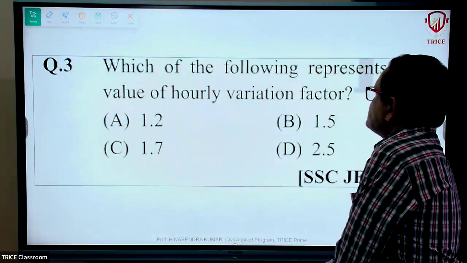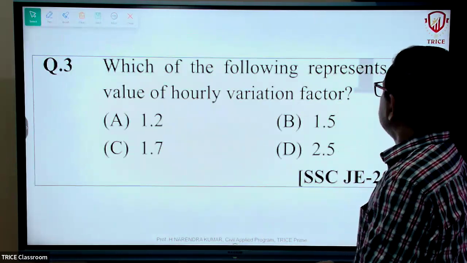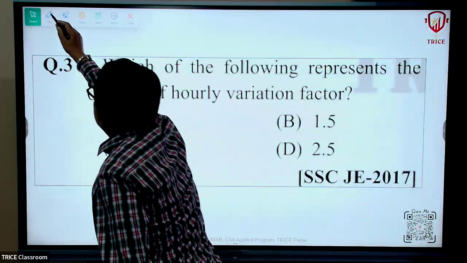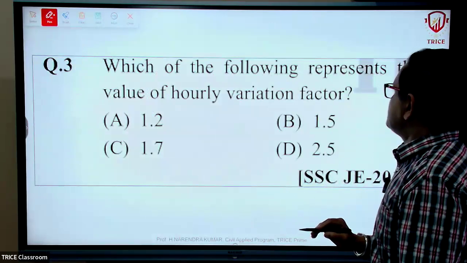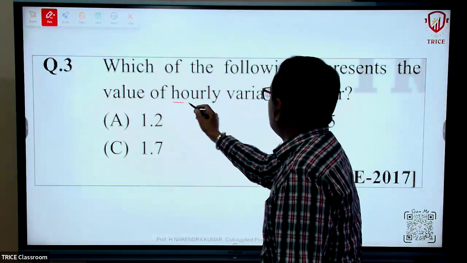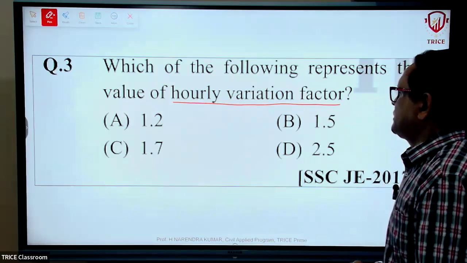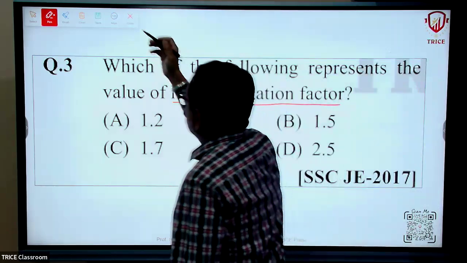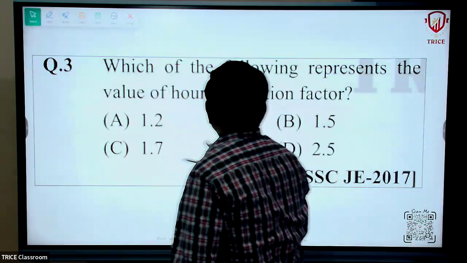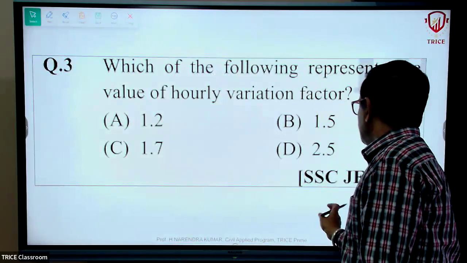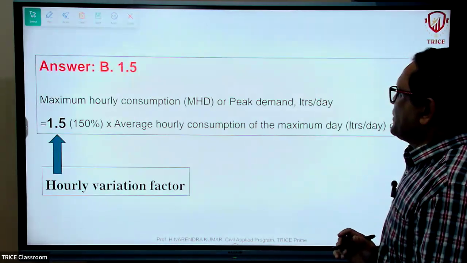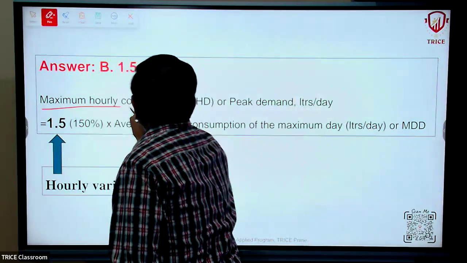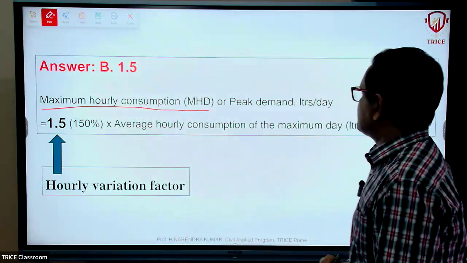Next one. Which of the following represents the value of hourly variation factor? So what is that factor that we need to choose? So I have given you the explanation also, because it is based on hourly variation. So maximum hourly consumption, okay, it is called MHD, maximum hourly consumption.